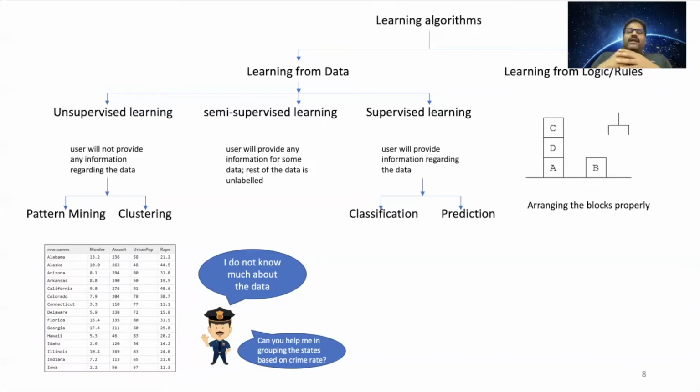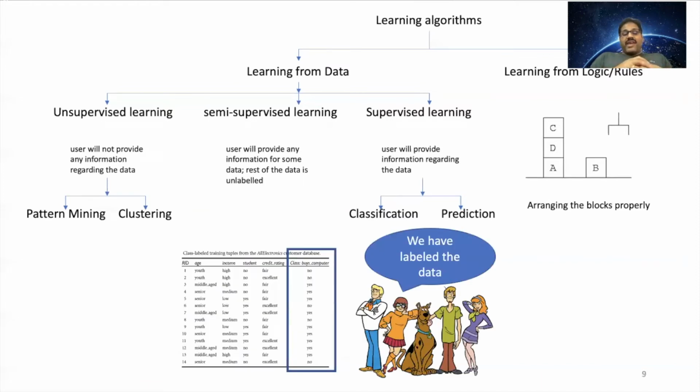The learning algorithm will analyze the data and group it into clusters so that the elements within a cluster are highly similar as compared against the elements in other clusters. So this is called clustering, in unsupervised learning.